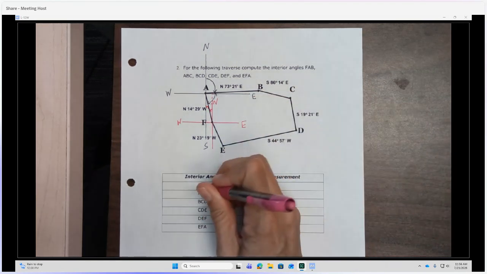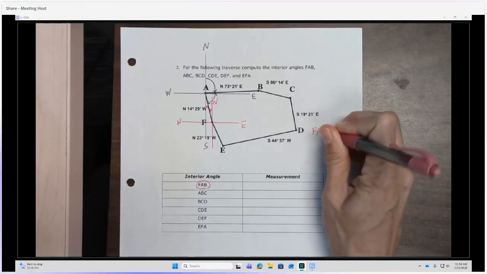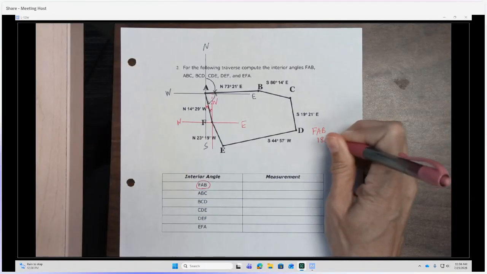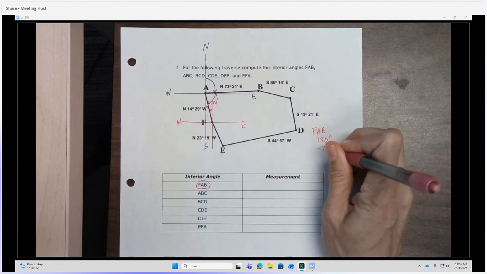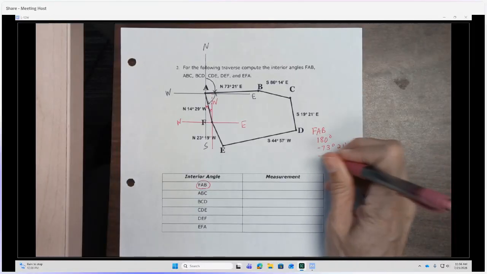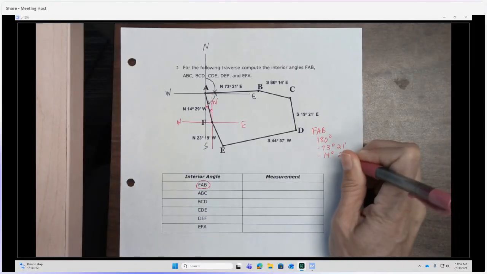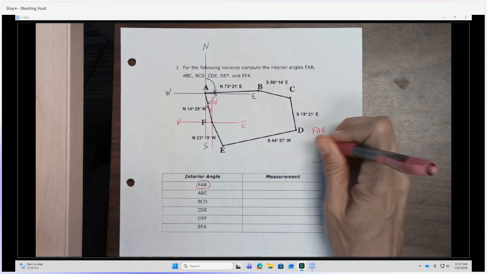So in order to find that angle FAB, our first one here, put that up here, we can just take that 180 degrees and subtract those two bearings. So minus 73 degrees, 21 minutes, and minus this 14 degrees, 29 minutes. All right, we'll have to borrow from this degree here.